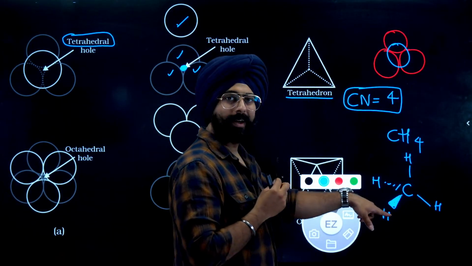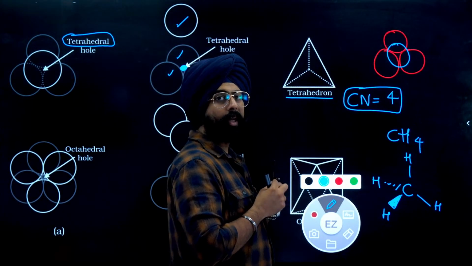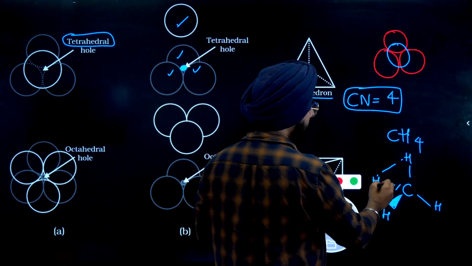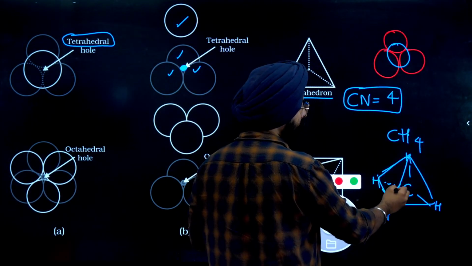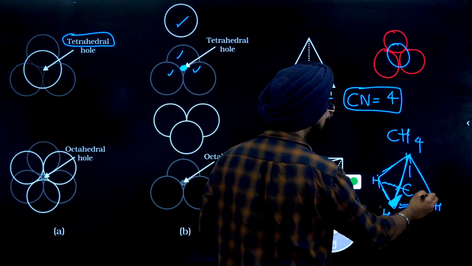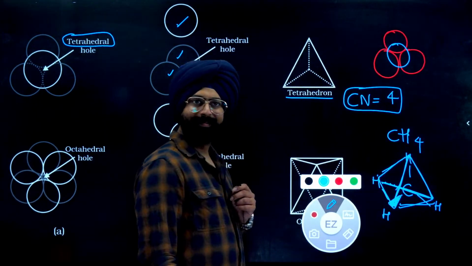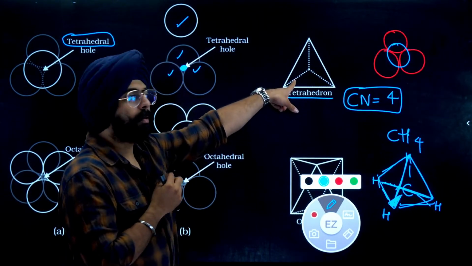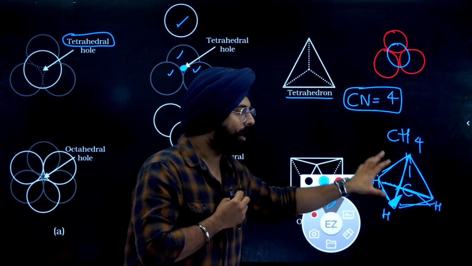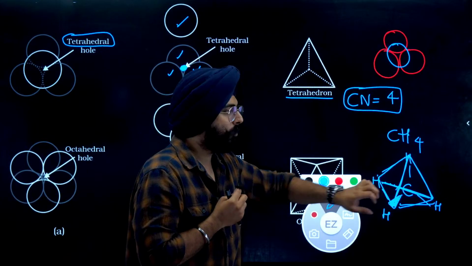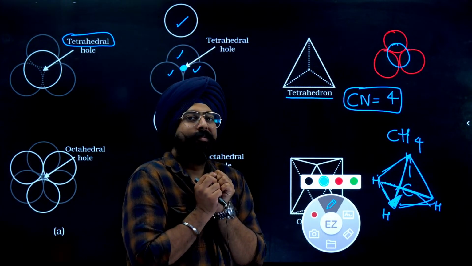Carbon surrounded by 4 hydrogens at 109.5 degree angles. So this, my dear friends, is a tetrahedron. This is the same shape as the void. So you can imagine that the hydrogens are the solid atoms and carbon is sitting inside the void. Just for imagination.